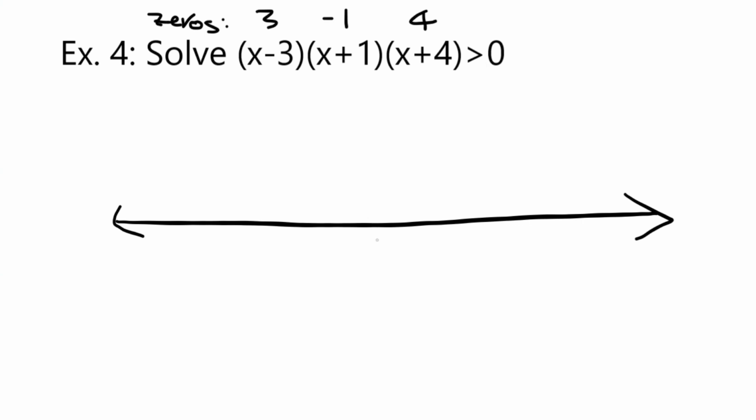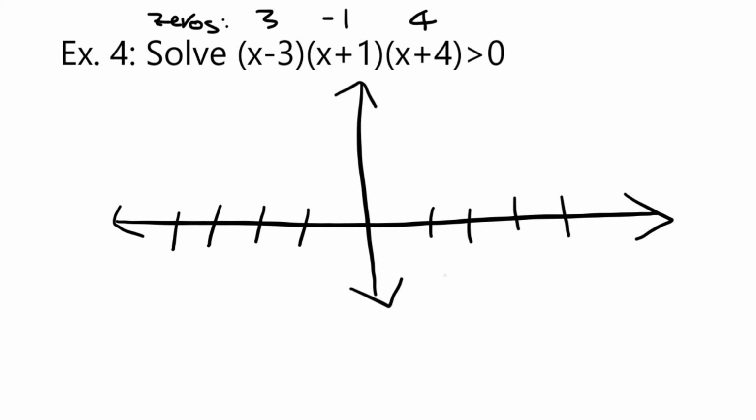So on a number line, let's actually do a full graph, just to visualize. So we've got -1, -2, -3, -4, and we have 1, 2, 3, 4. I'm not actually going to put anything here because it's not important right now. Right, so where are our zeros?